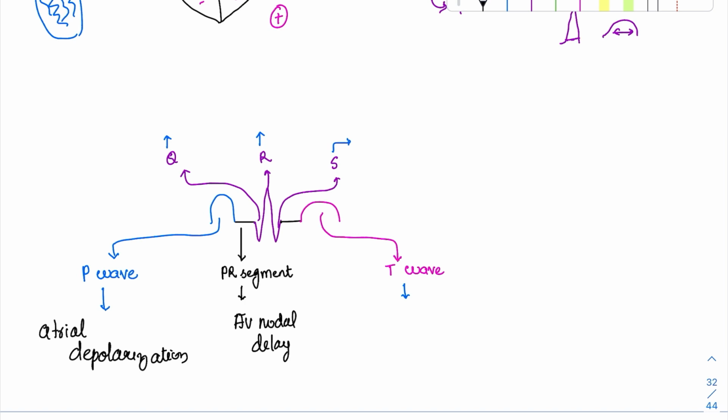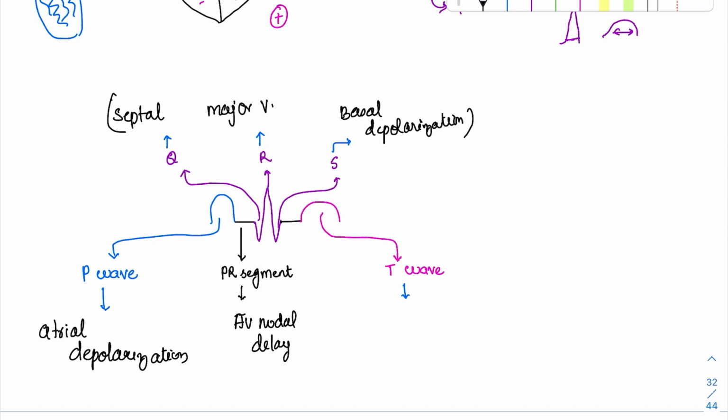We are going to say it very specifically. The Q wave is due to septal depolarization. Then the R wave is due to major ventricular depolarization. Then the S wave is due to the basal depolarization. So all of them are ventricular depolarization, but we have to know their individual specific reasons.